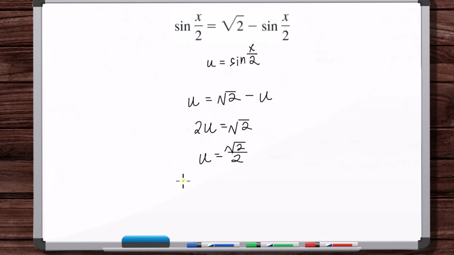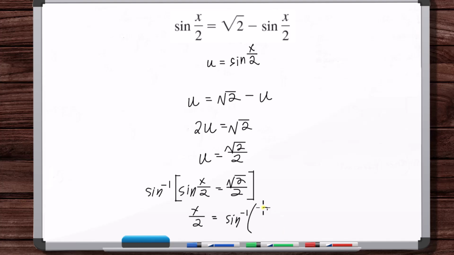But now u is equal to sine of x divided by 2. So, okay, now x is equal to 2... All right, so now root 2 divided by 2, let's see.